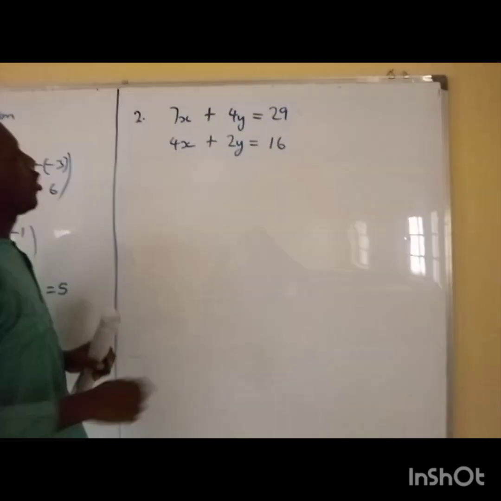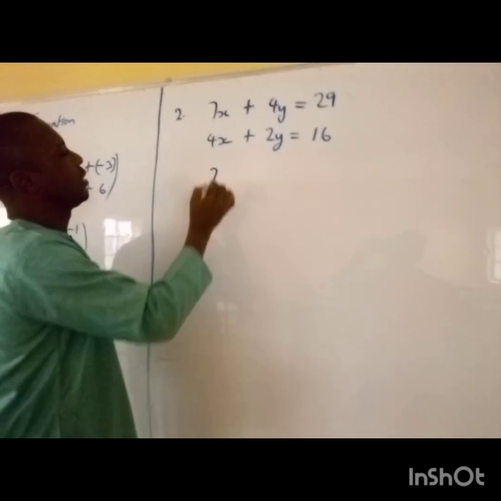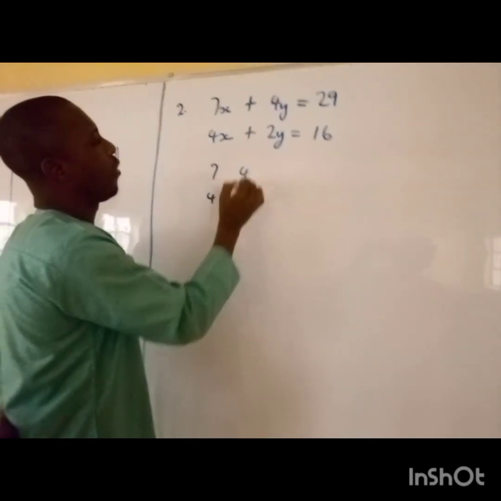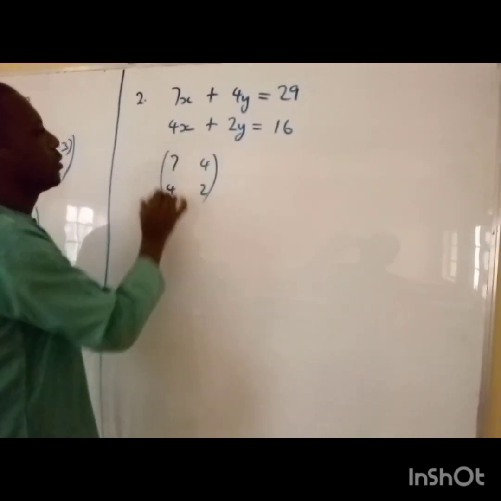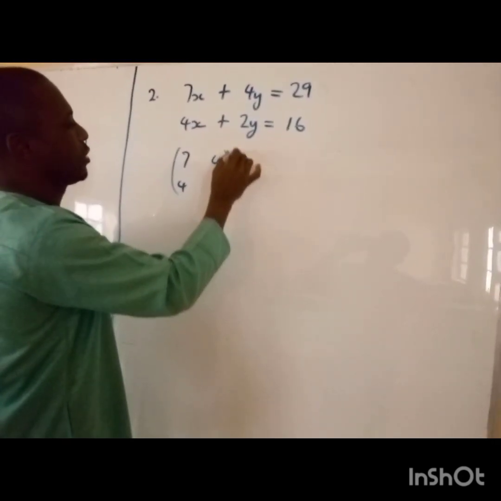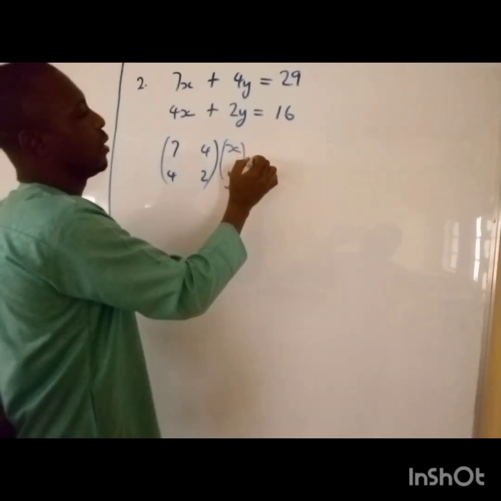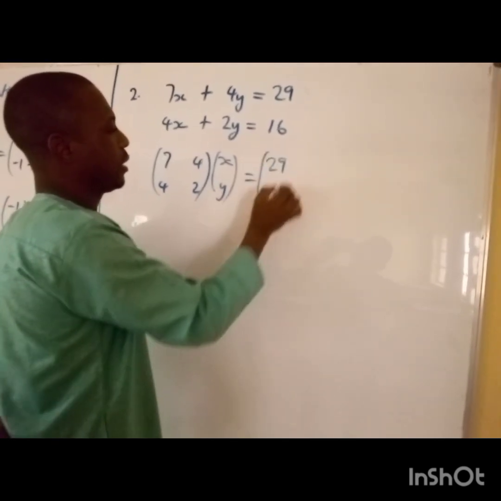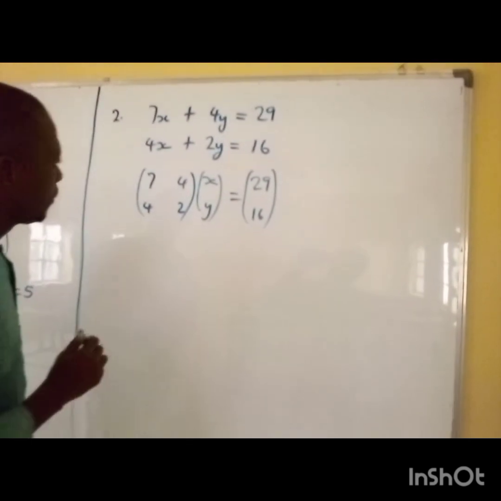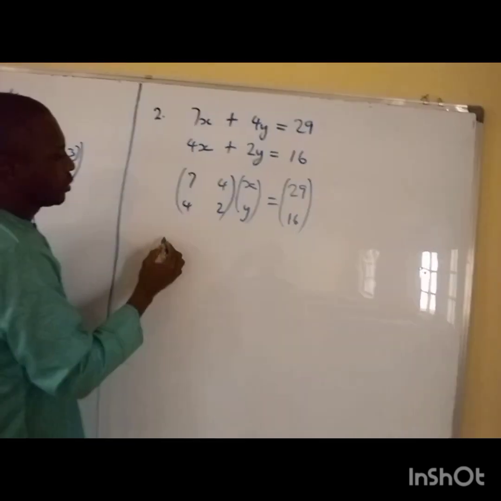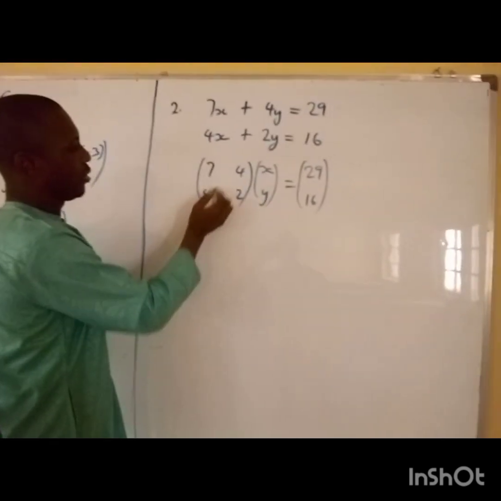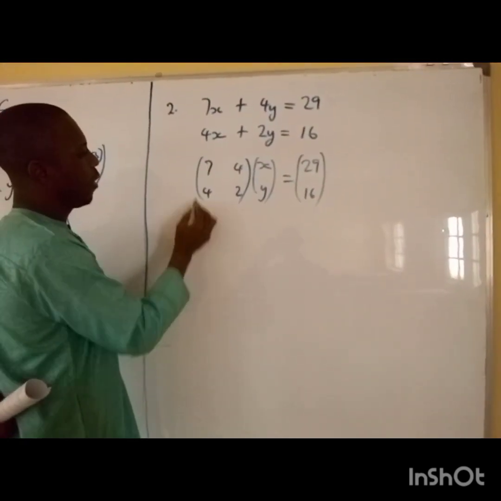Let's look at the second question. The second question, the coefficients are 7 and 4, 4 and 2. And then we have our x, y equal to 29, 16. Now, the determinant of this is 7 times 2 minus 4 times 4.